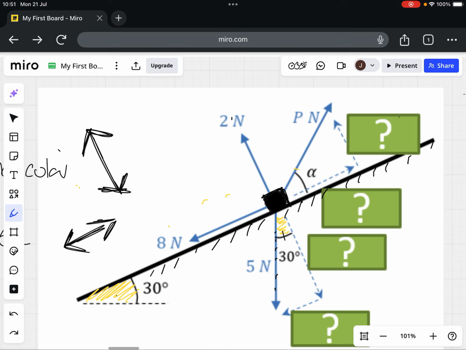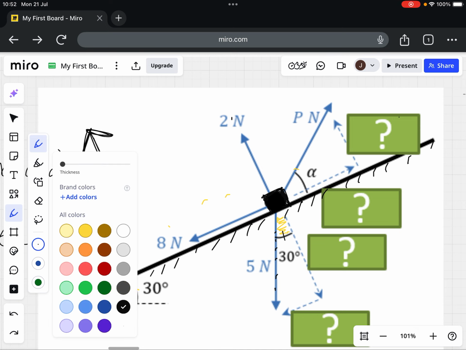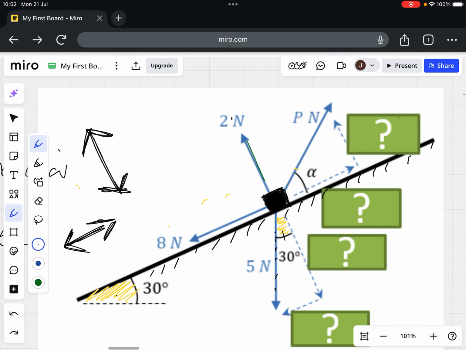So 2 newtons already fits my system. So I'm just going to make it green so we can see which ones are good. Okay, and I'm going to leave it at that. Now, what else can I do? So this 5 underneath is currently not perpendicular, right?